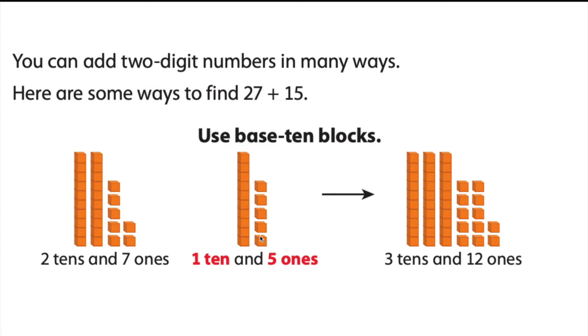And when we put them all together, we would have that. But you know that when you get 10 of your little 1 sticks, you can regroup them and make them into a new group of 10. Each of these little piles has 5. So what I would do is I would take these blocks and stack them into a 4th group of 10. And there's our 2 ones left over.